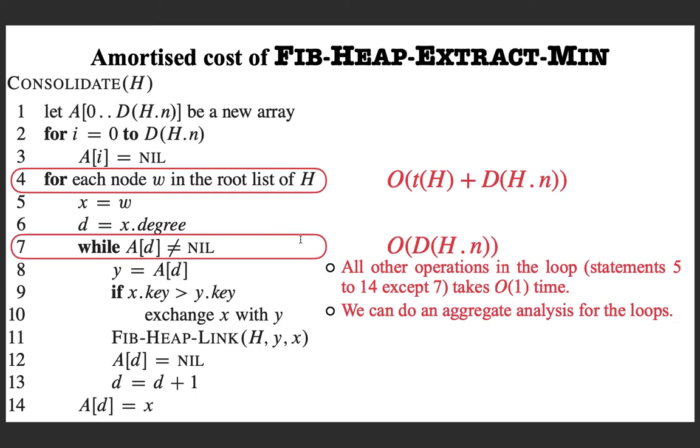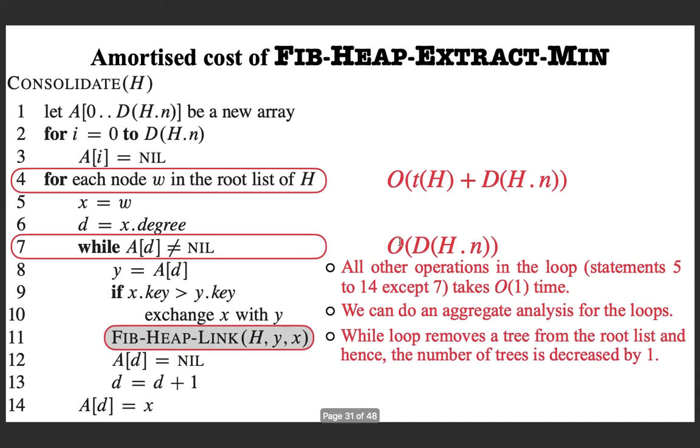If you blindly apply the analysis, you multiply this by the maximum size of this array, which is again this quantity. That is the blind analysis. But we can prove that it is not going to take that much. This is the observation that will help us get a tight bound on the complexity.